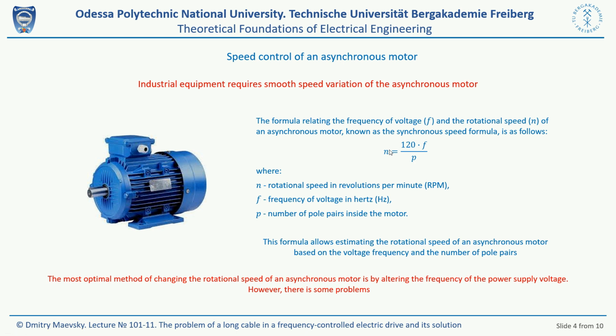True, the speed also depends on the number of pairs of poles, P. But this parameter is directly related to the design of the motor and cannot be changed for each specific case. But after all, the frequency of the voltage in the network is also unchanged. From this, at first glance, it follows that the speed of rotation of asynchronous motors cannot be changed.